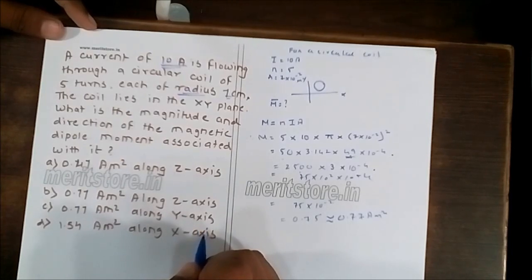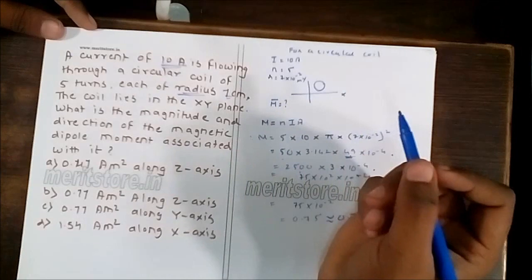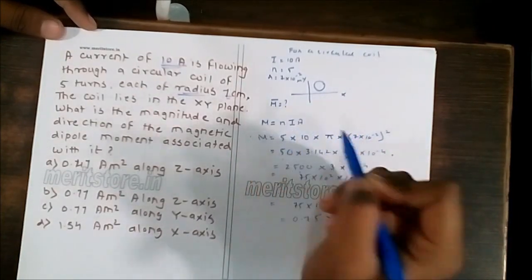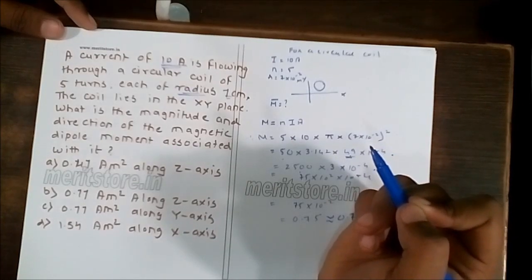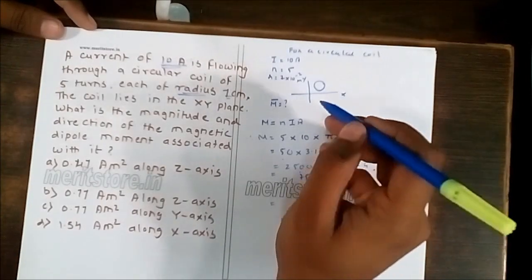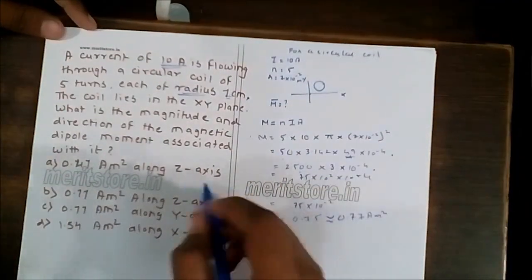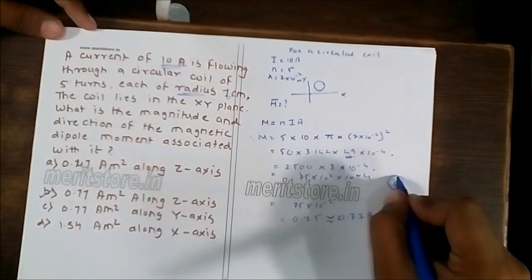Now I would say that my magnetic dipole moment is a vector quantity and it is a cross product of NI and A, that is the area vector. So I would say it will be perpendicular to the xy plane, that means on the z axis. Option B.